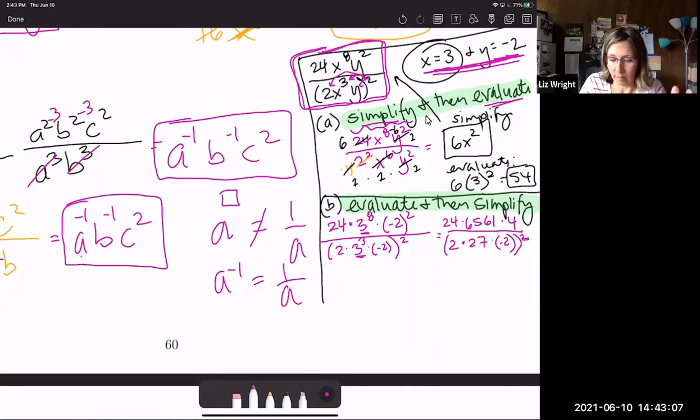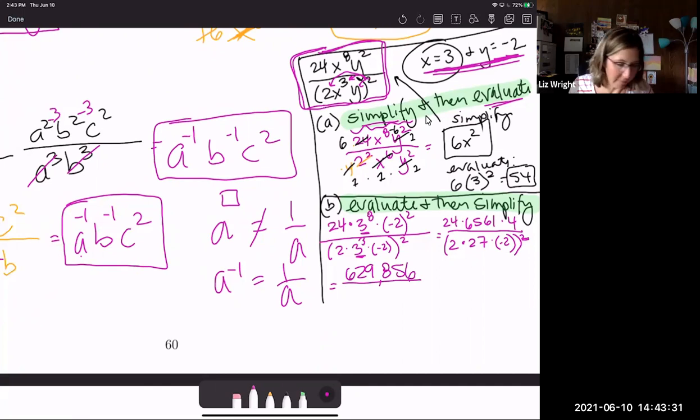So in my numerator, I'm going to do another step here. I'm going to figure out what 24 times the 6,561 times 4 is. So 6,561 times 4 times 24 is giving me a large number. I'm getting 629,856.